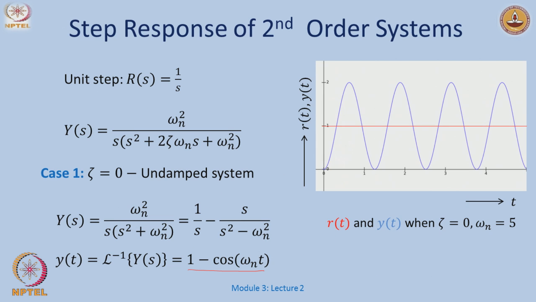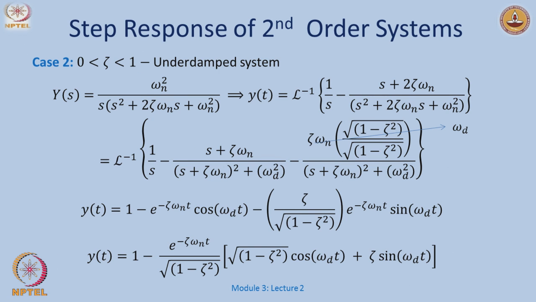Okay. So the same thing happens when I have a unit step response. None of the terms disappears as time goes to infinity. All terms are just intact. This is again zeta equal to 0, omega n equal to 5 and the reference being a step. Now we will do all the same cases which we did earlier.